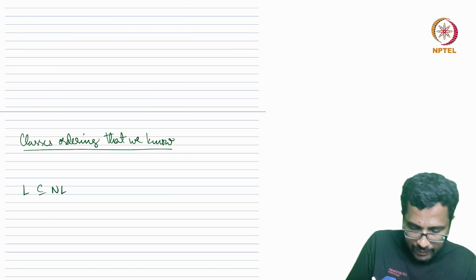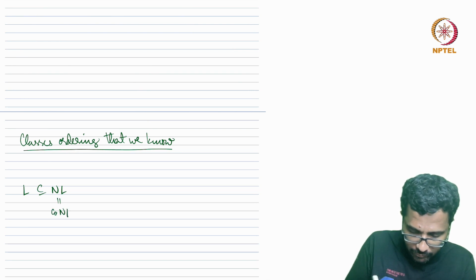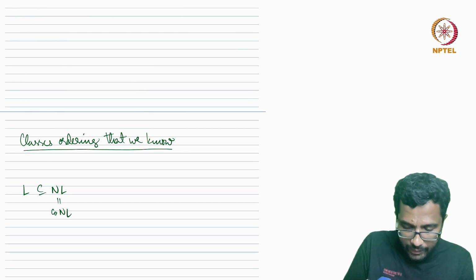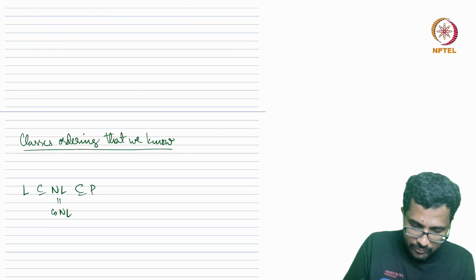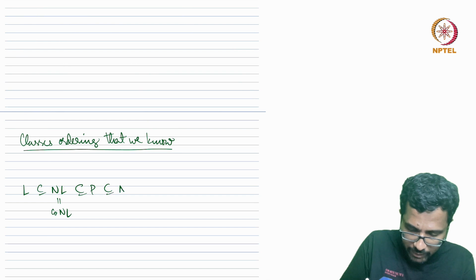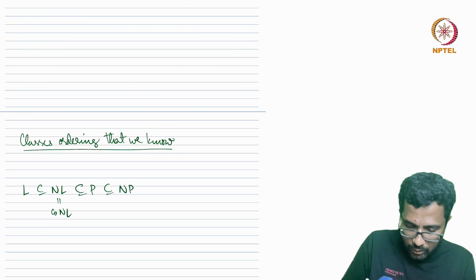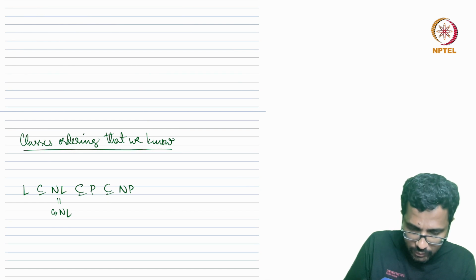L is contained in NL, which is equal to co-NL. And NL is contained in P, which is contained in NP, which is also actually contained in co-NP.